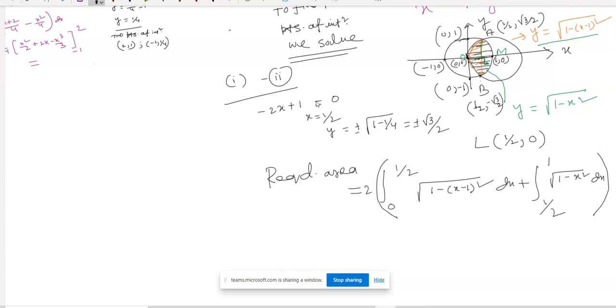Multiply the result by 2. Then it's done. Everyone can solve this sum. But still, I am also going to solve it for you.